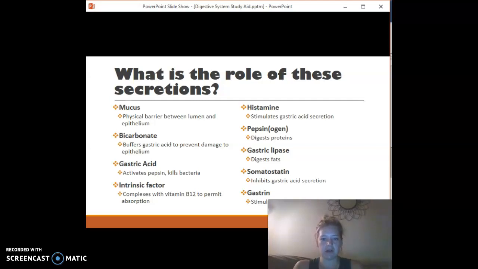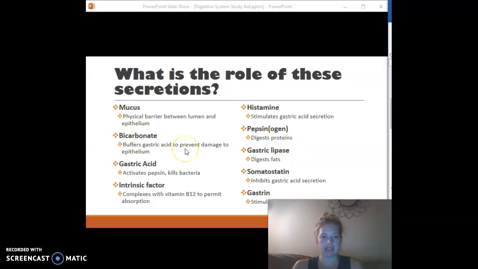First, the opposing roles of somatostatin and gastrin. Somatostatin inhibits gastric acid secretion, while gastrin stimulates gastric acid secretion. So they act in opposing ways, inhibitory and stimulatory.